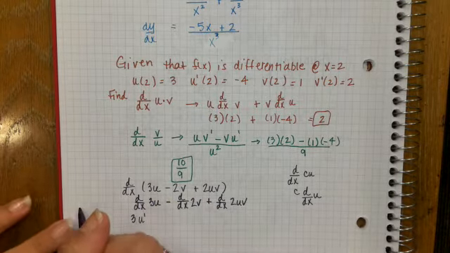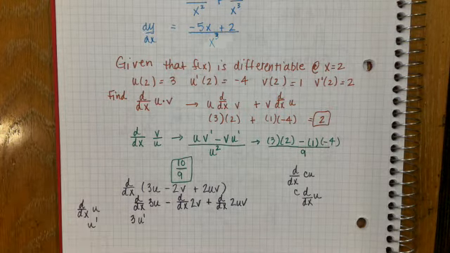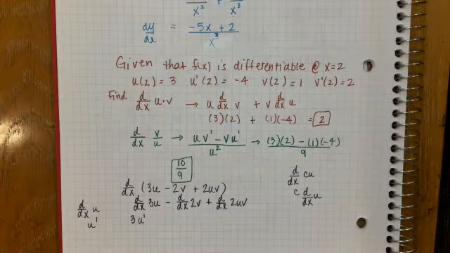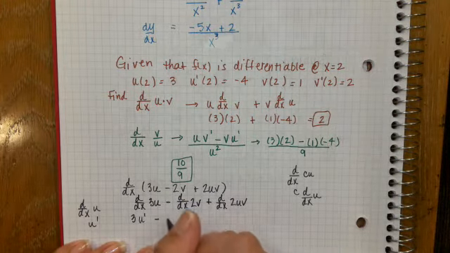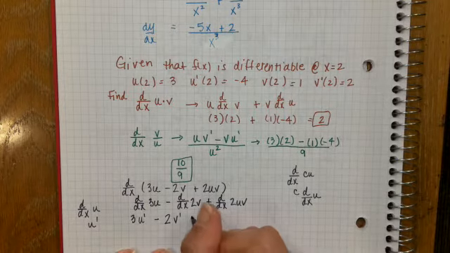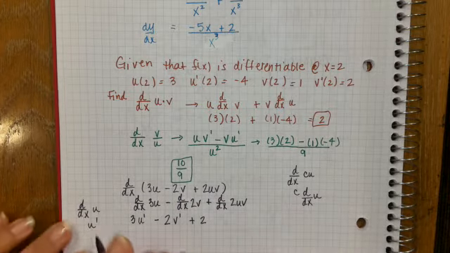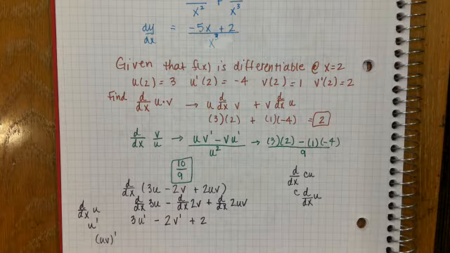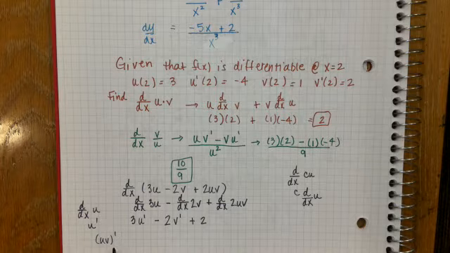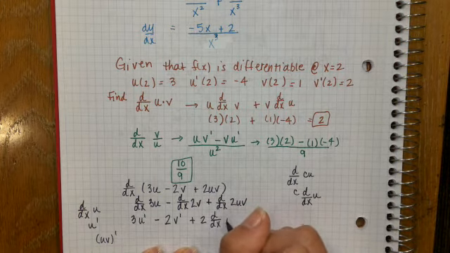Writing d dx of u is the same thing as u prime. Minus 2 times the derivative of v. Plus 2, and this one I'm going to write out because writing uv prime isn't very pretty, so I'm going to write this as d dx of uv.